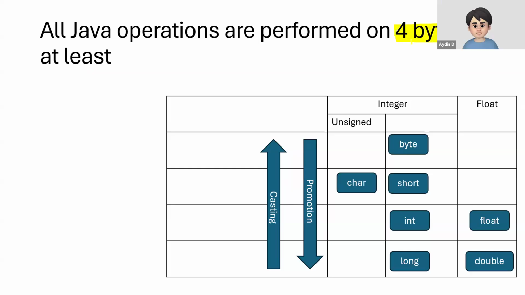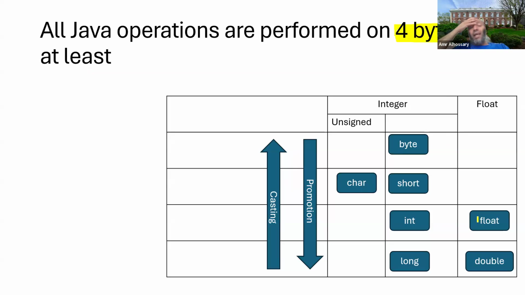So if you have a byte or short or character, and you want to do any operation on them, the byte is represented in 1 byte only. The short and character are represented on 2 bytes only. The int and float are represented in 4 bytes.